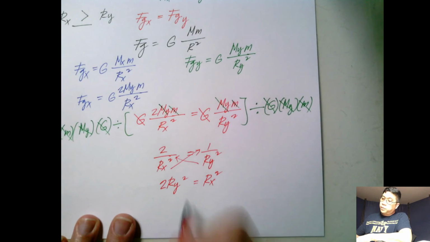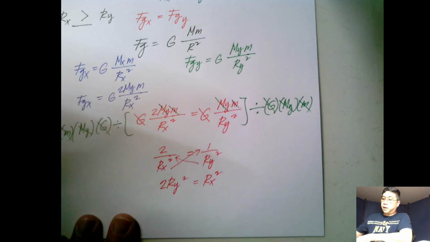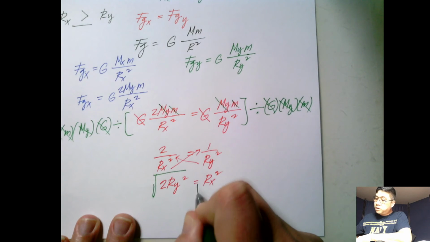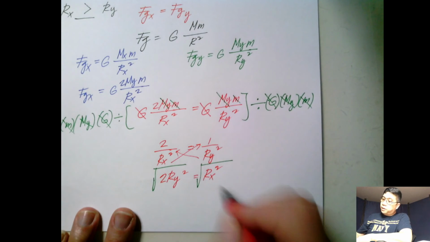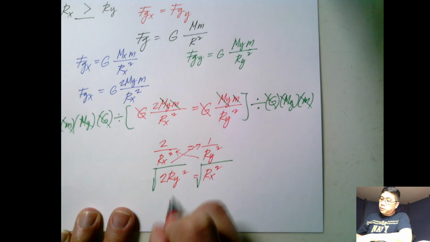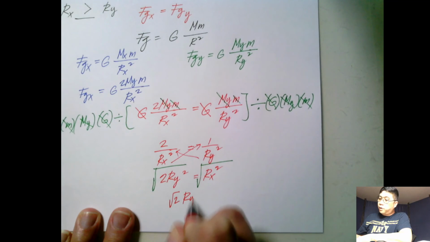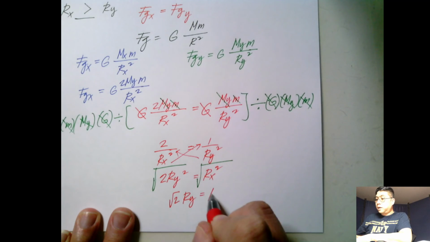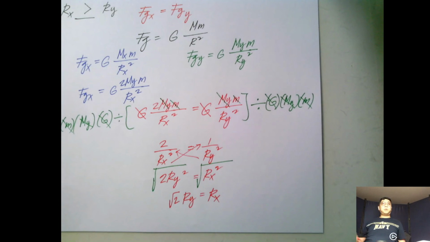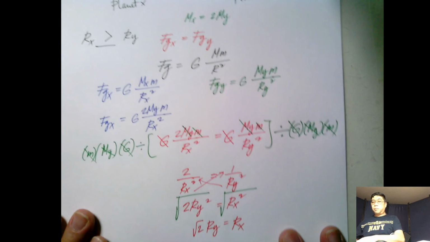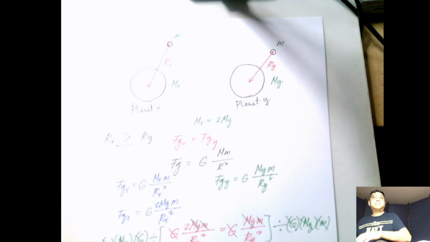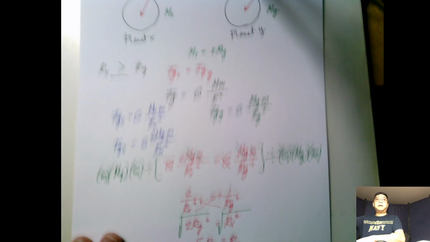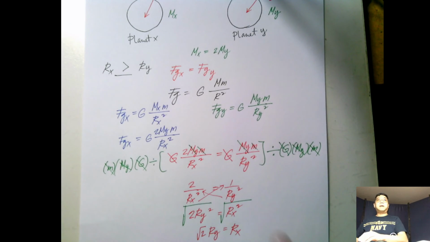Therefore, we can take the square root of both sides just to show the relationship between the distances. Now we can say that square root of 2 times r sub y is equivalent to r sub x, so the distance between planet x and the satellite is way greater than the value of r sub y.